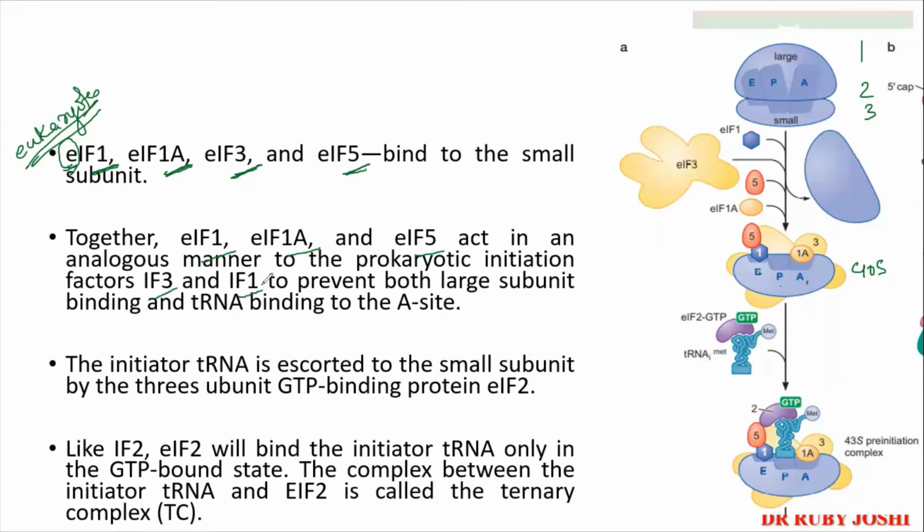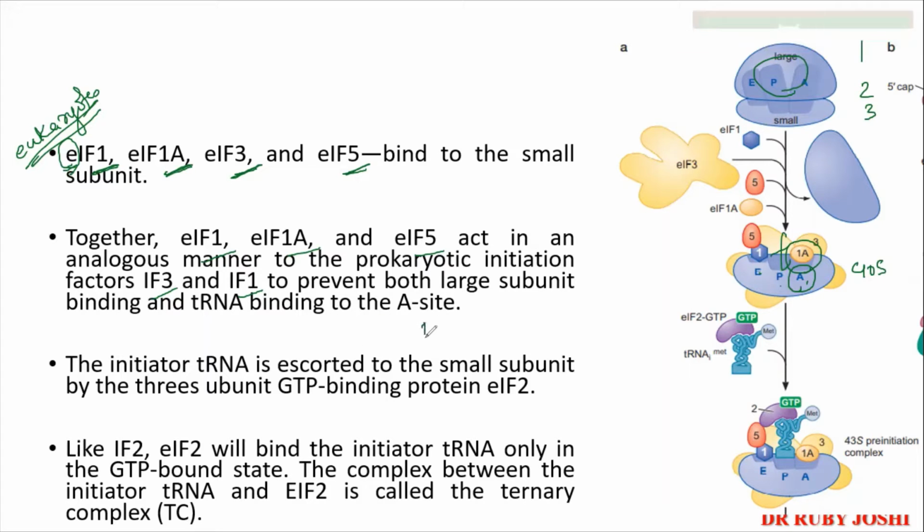अगर आप ध्यान दो, IF1 का क्या काम था? To prevent the binding of charged tRNA at the aminoacyl site. ठीक है, so that directly your first initiator tRNA comes and sits over here. तो 1 का काम था to prevent this और 3 का काम था to prevent binding of the large subunit, if you remember. ठीक है, अब यहाँ पे क्या हो रहा है?